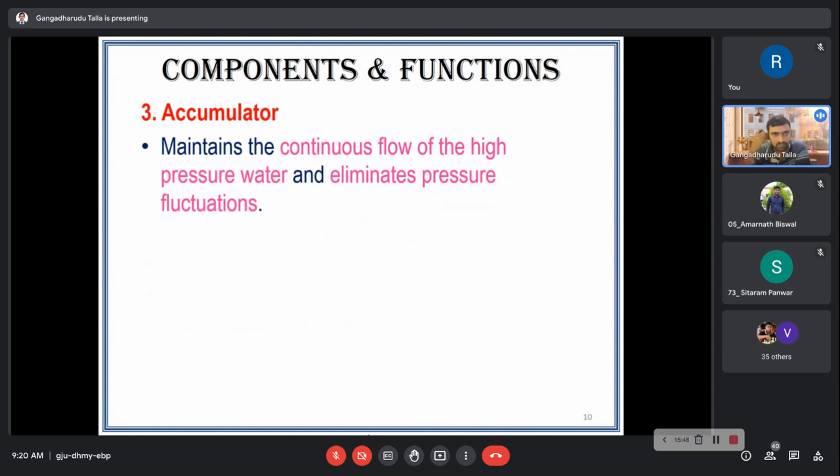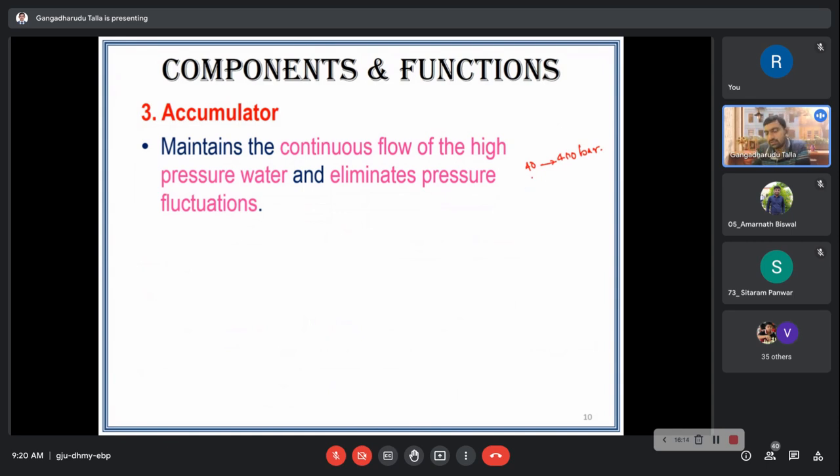Now the accumulator maintains the continuous flow of the high pressure water and eliminates pressure fluctuations. Through the intensifier, you are increasing the pressure, say 40 bar to some 400 bar, for example. Now this intensifier is continuously working and increasing the pressure.